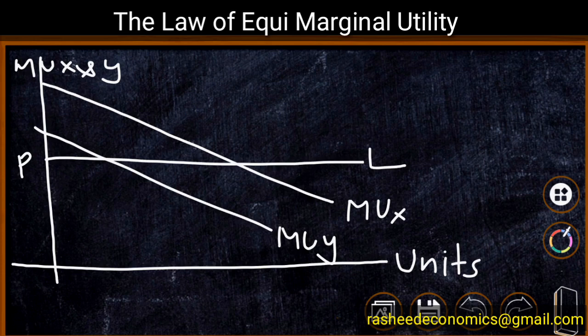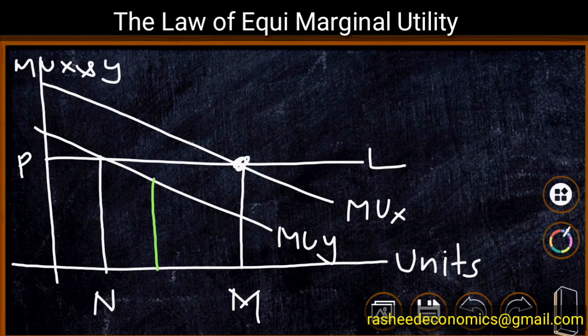In order to identify the equilibrium point, we need to draw a line to the x axis, and the consumer is consuming OM unit of commodity X and receiving a particular amount of marginal utility, and it must be equal to the marginal utility of Y at the consumption of ON amount of Y.